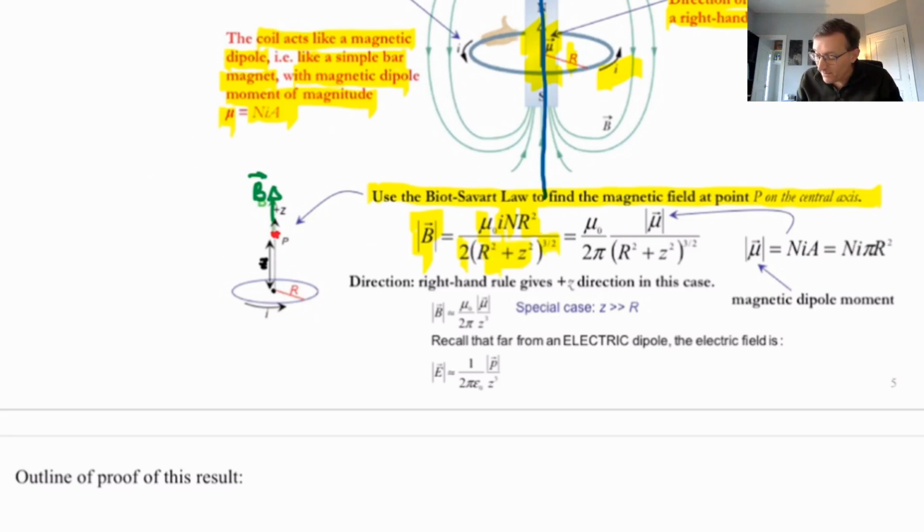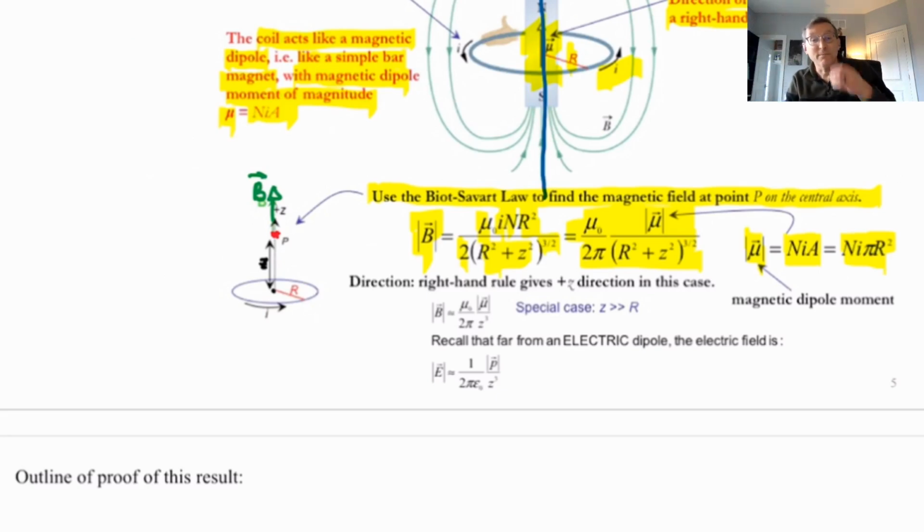Now we can take capital N times I times A, which is capital N times I times pi R squared, and that's the magnitude of the magnetic dipole moment of the loop. And if we do that, we can write the formula for B magnitude this way: mu 0 over 2 pi, mu magnitude, magnetic dipole moment vector magnitude, over R squared plus z squared quantity to the 3/2.